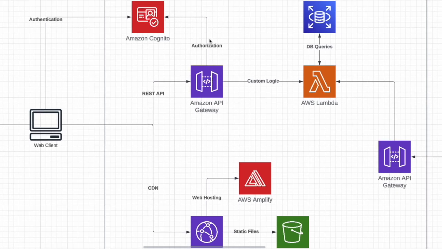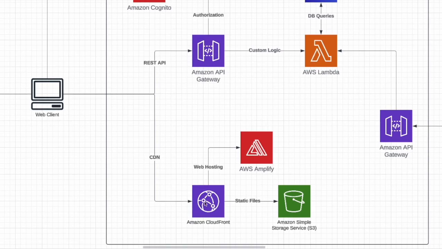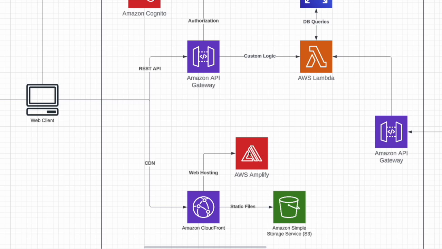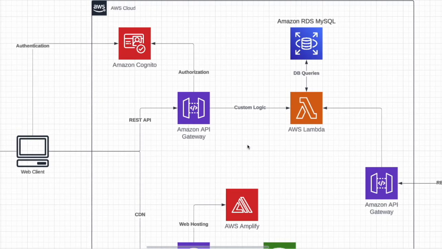So API requests, once again, check authentication with Cognito so that you cannot get, I don't know, websites from another user. And then the CDN connects with CloudFront, which is used for web hosting and for static files with our S3 bucket. So all the images, everything, meta files come from the CDN.